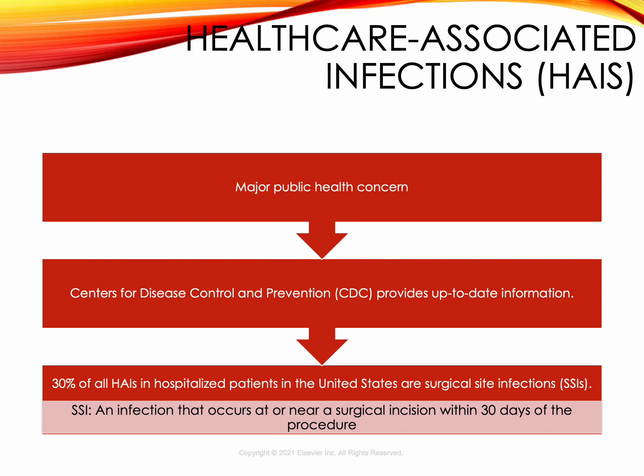As I mentioned earlier, healthcare-associated infections and surgical site infections are a major public concern. A surgical site infection is an infection that occurs at or near a surgical incision within 30 days of the procedure.